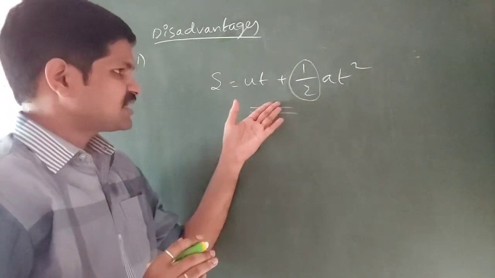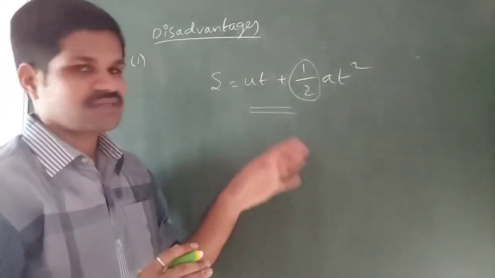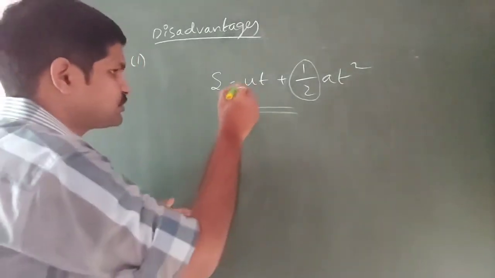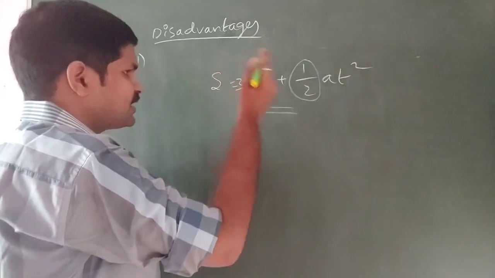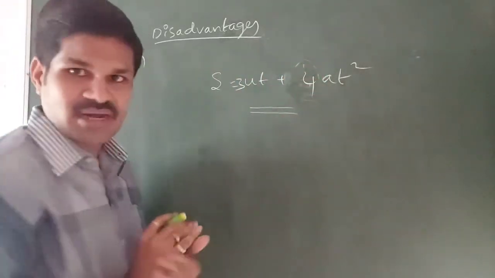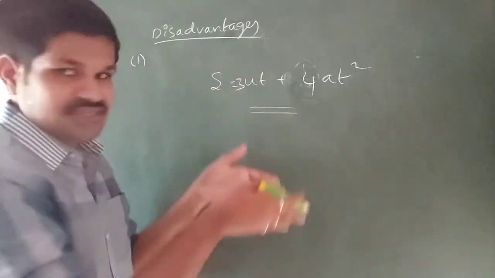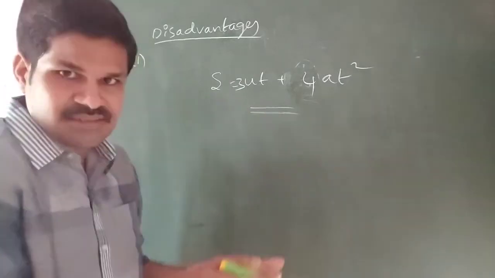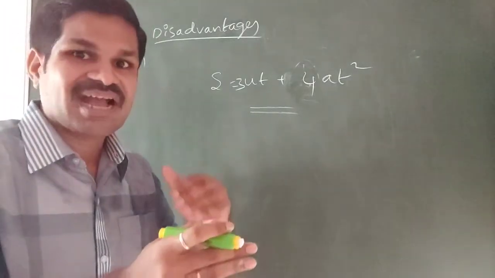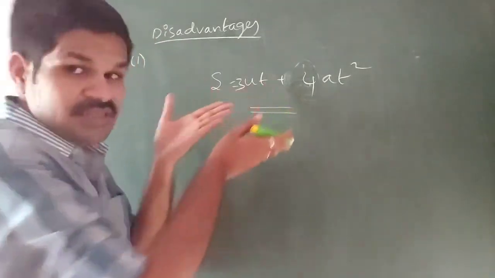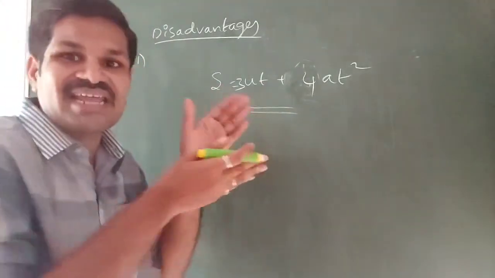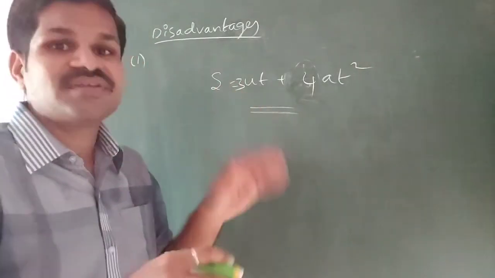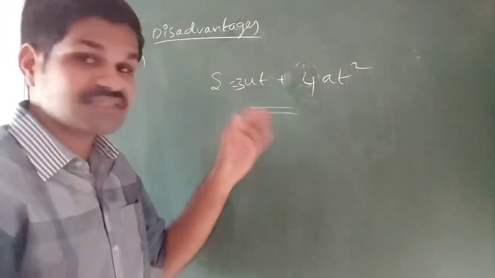This type of relation cannot be derived using dimensional analysis, and if there is any numerical error here, let us suppose I have made it 3 into ut plus 4 into at square, even in this case, dimensional correctness, that means dimensional validity or dimensional consistency, will hold in these equations, even if it is physically incorrect. That is, even if this equation is physically incorrect, it is dimensionally valid.